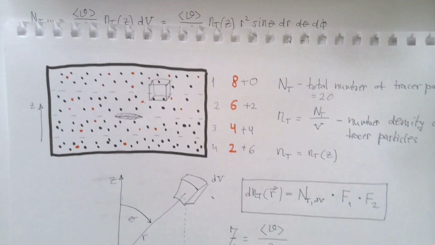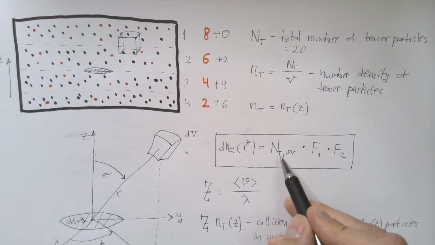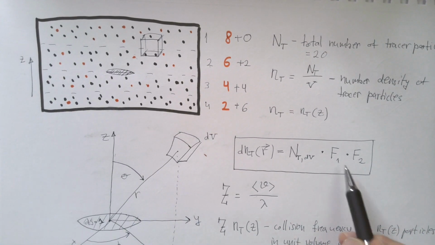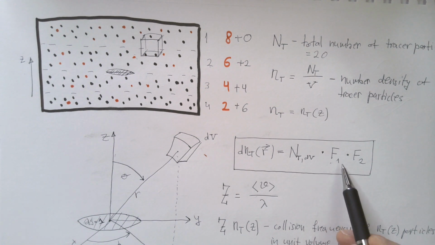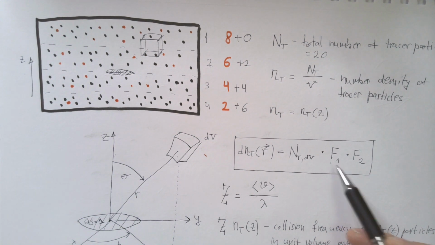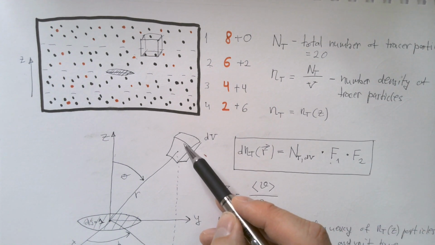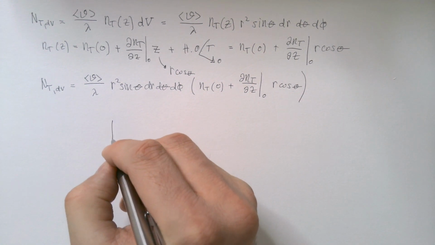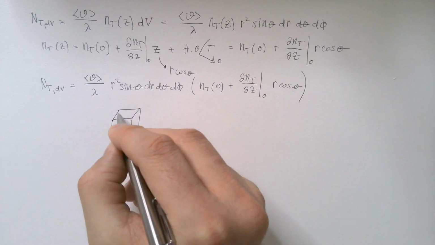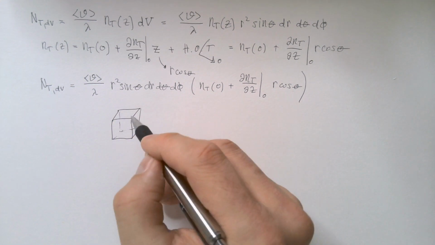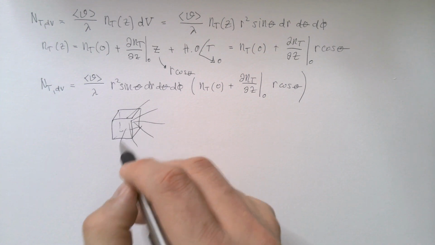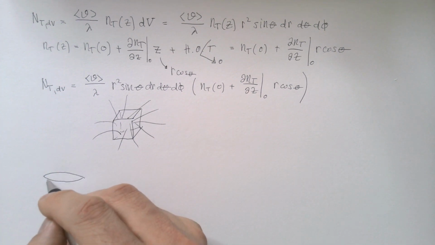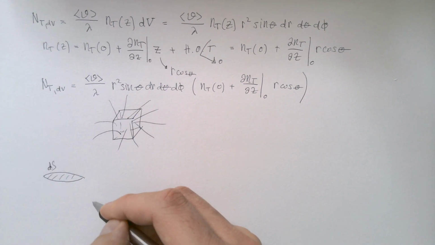So if we go back to our original equation, we found an expression for nt dv. Now let us find this fraction f1, which is the fraction of particles that after collisions will go towards ds. What do I mean by that? Well, if we have that volume element over here, and we just said there are collisions, and these collisions are random, but my surface element ds is over here.